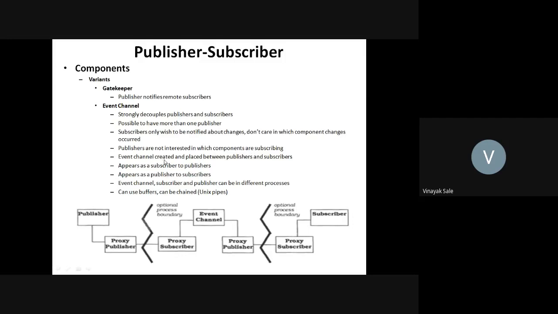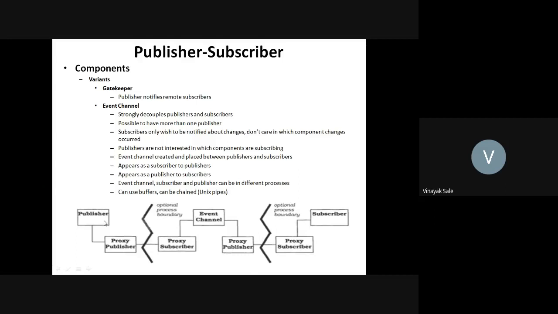The event channel is created and placed between publishers and subscribers. It appears as a subscriber to the publisher, and appears as a publisher to the subscribers. The event channel, subscriber, and publisher can be different processes, can use buffers, and can be chained like pipelining.